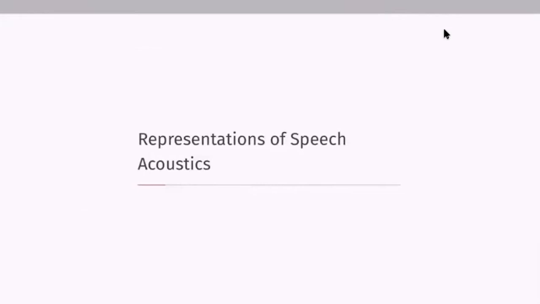So we're going to start with a high-level introduction to ways that we can represent speech acoustics. A lot of this will be familiar to you if you've done a lot of physics, where you've talked about physical systems that involve oscillation or waves or anything like that.